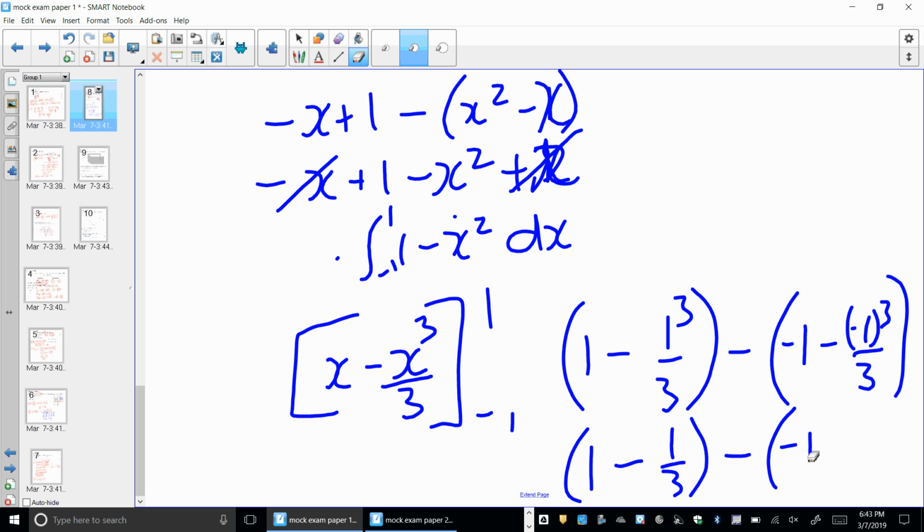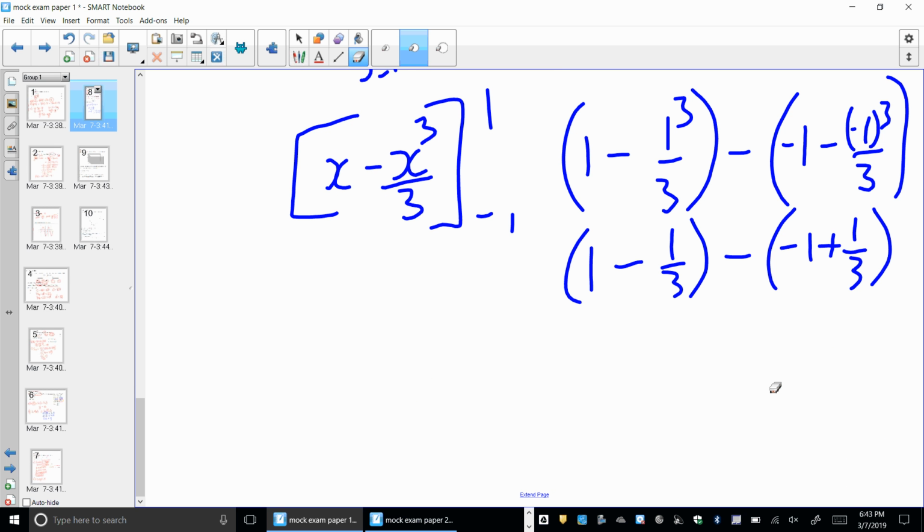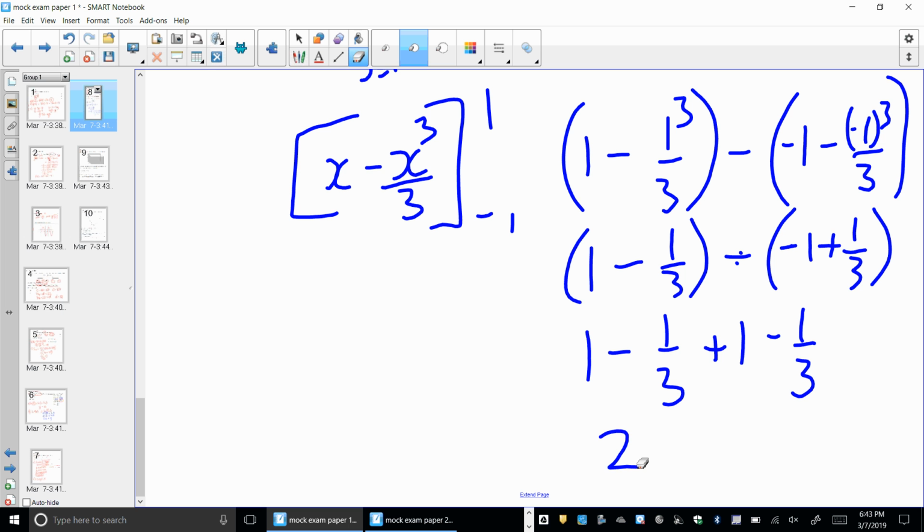Then negative 1 cubed is negative 1 over 3, and we're taking that away, so that becomes plus 1/3. Taking away both of these, that becomes plus 1 and minus 1/3. So we've got 2 whole ones minus 2/3, which gives us 1 and 1/3.